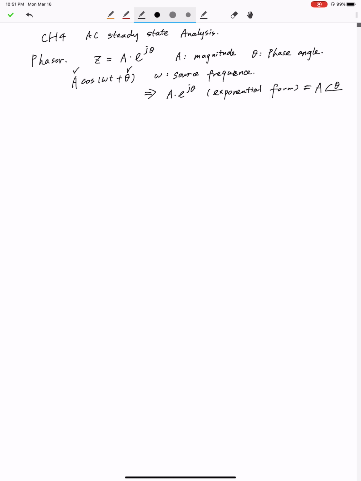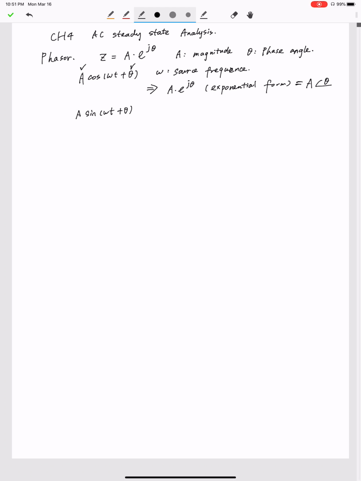How about a sine function? A sine function can also be converted to a phasor form, but we need to convert the sine function to the cosine function first by adding negative 90 degrees.